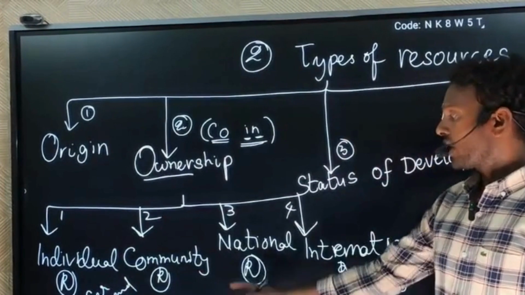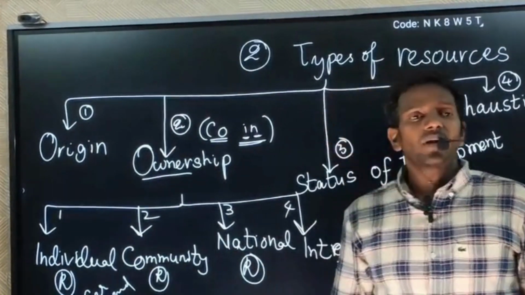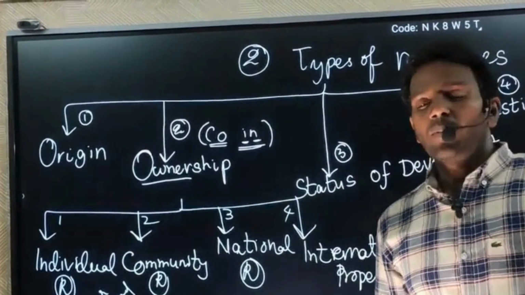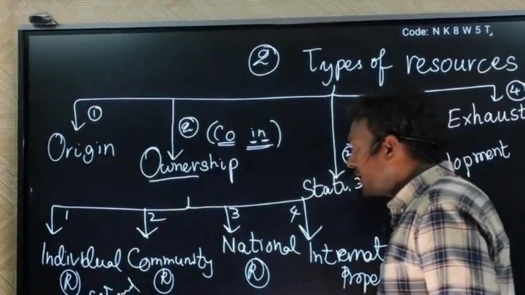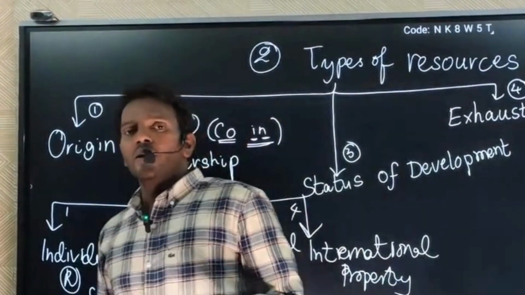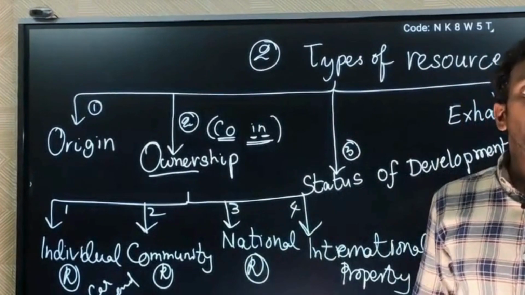Coming to the second one, community property. Community property means people are living on a community basis. Community in the sense of a group of people. These group of people have access to particular resources. What are those?